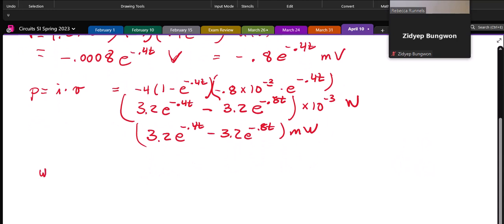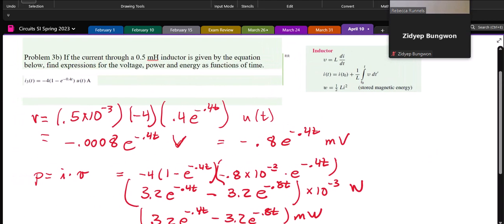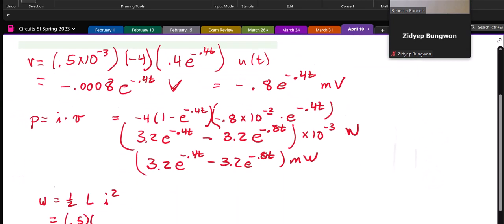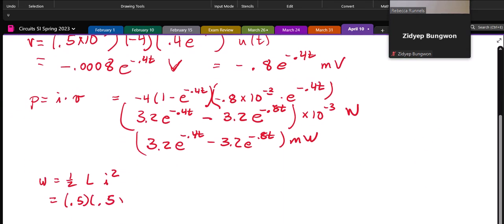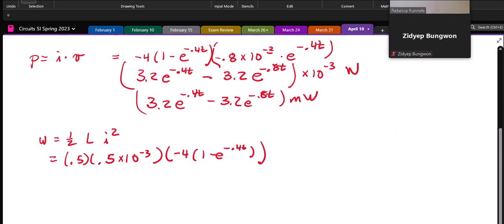So the energy is 1/2 L i squared. That's 0.5, and L is 0.5 millihenries. And i is negative 4 times 1 minus e to the minus 0.4t, and that's just amps, so I don't have any other 10 to the negative 3s to worry about, and this is squared.